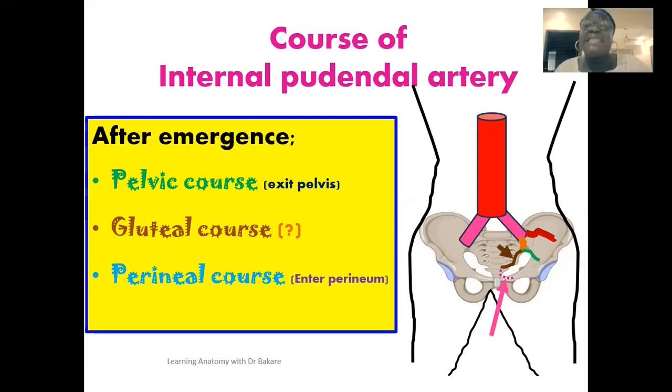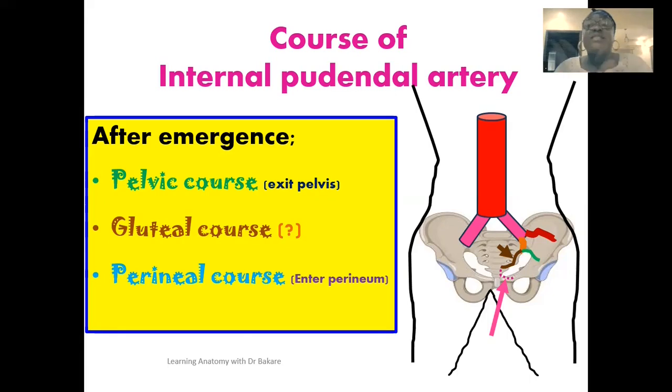As soon as it exits the pelvic cavity, the region that the internal pudendal artery would find itself in is the gluteal region. And of course, within this space, it also runs a gluteal course. The essence of this gluteal course is for it to be redirected back into the perineum, where it is going to give up branches to supply different structures within the space.